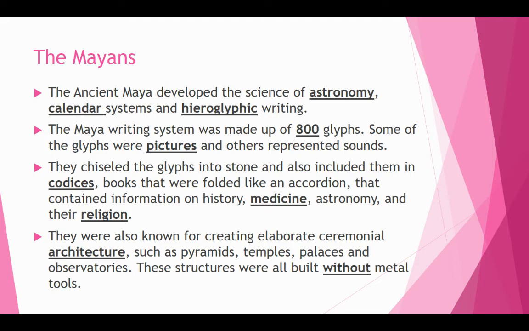It was made up of 800 glyphs, so 800 images, and some glyphs were pictures and others represented sounds. They would chisel the glyphs into stone and included them in a codice, and this is a book that folded like an accordion, and it contained information on history, medicine, astronomy, and their religion.